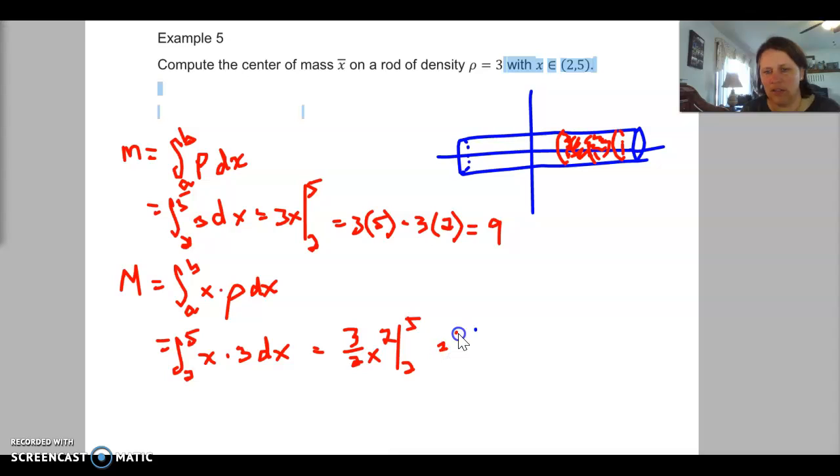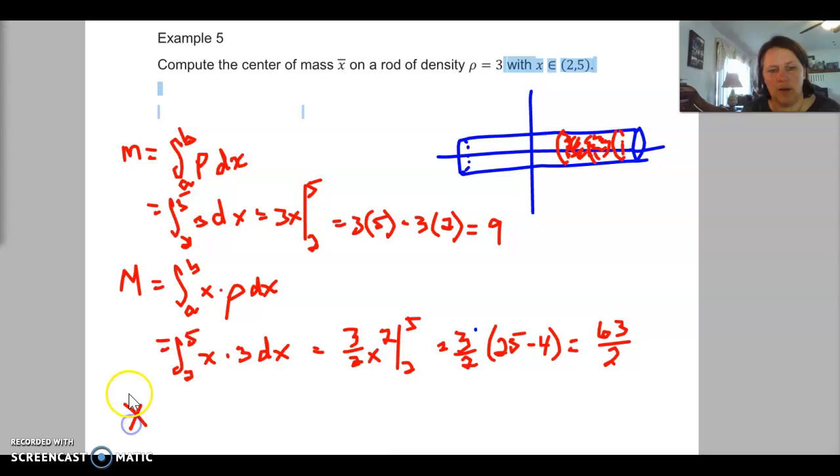I'm going to go ahead and just leave my 3 halves out in front. Evaluate 25 minus 4, which is 21. So 21 times 3, 63 over 2.